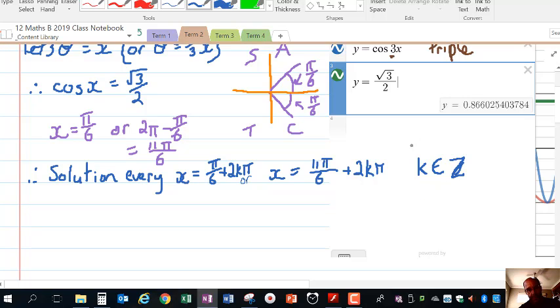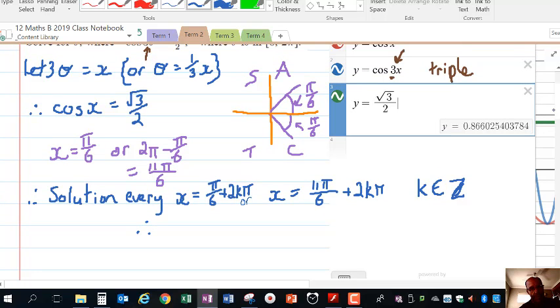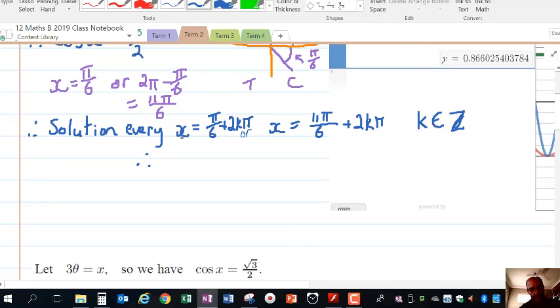So what does that look like then for theta? Well, we've got that substitution we did above, where we can see theta is 1/3 of x. So basically we need to divide these above expressions by 3.